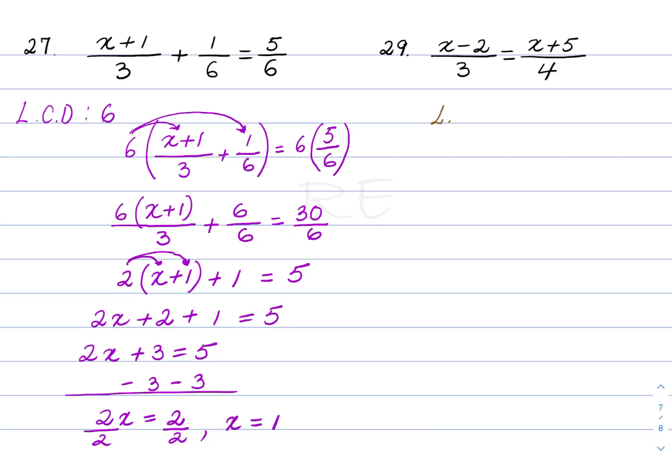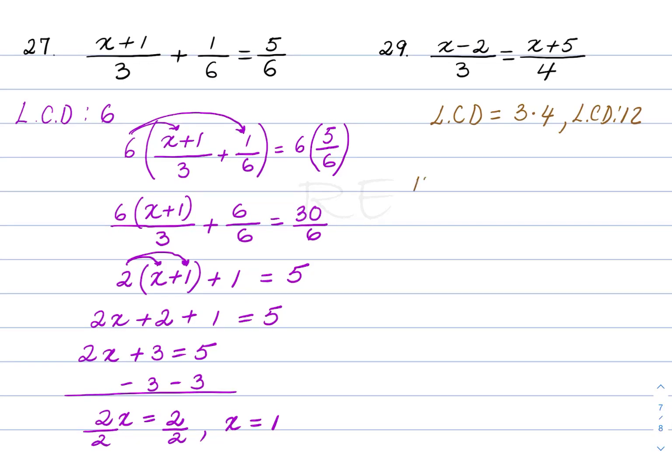For 29, the LCD between 3 and 4 is 3 times 4. They don't share any common factor. Therefore, the LCD is 12. We're going to multiply both sides by 12 to clear the fraction.